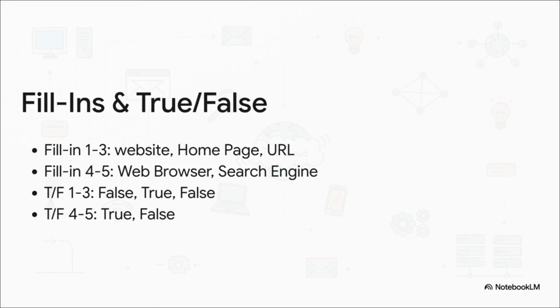You use a web browser and search engine to find a website's URL and land on its homepage. Now for true or false, remember the Internet isn't owned by just one country, so that first one is false. It is true you don't always need a dial-up modem if you have a data line. And remember, Yahoo and Bing are search engines, not browsers, making that last one false too.